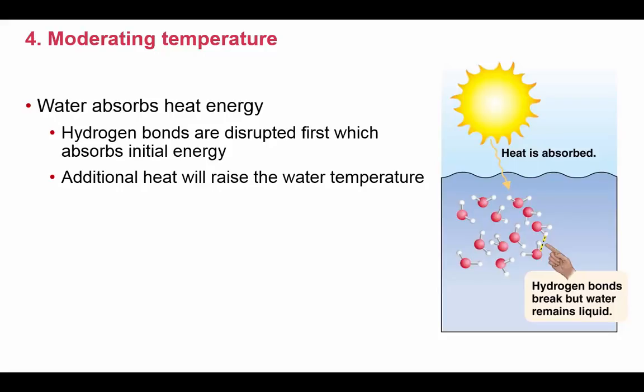So a benefit here is that, yes, we know that the temperature of water can be increased, but it's going to be something that happens slowly. So you think about living things who are predominantly made of water, because water does not change temperature quickly, neither will we.